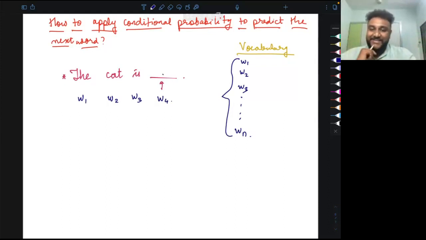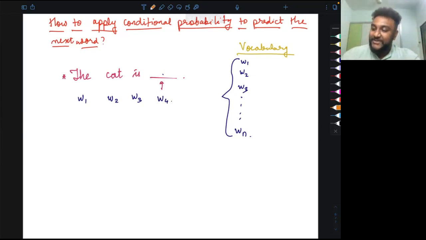Prasad has given me an answer in the private chat. Indradeep has also given me the answer. Perfect. Let me go with Prasad's answer first, then I'll come to Indradeep. Find the word with the highest probability given the previous 3 words are the cat is. Perfect. Both of you together have given me the answer.